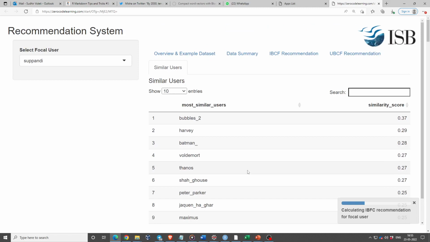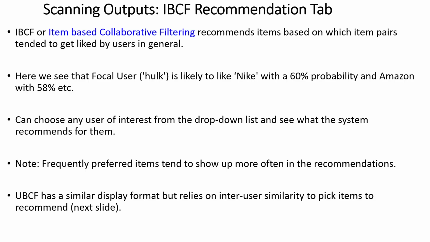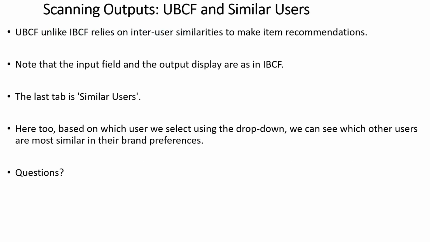That's basically it. Let me quickly walk you through this. We did IBCF, and UBCF, unlike IBCF, relies on inter-user similarities. The last tab is similar users, and we also explored that. Well, with that, this app navigation video comes to an end.